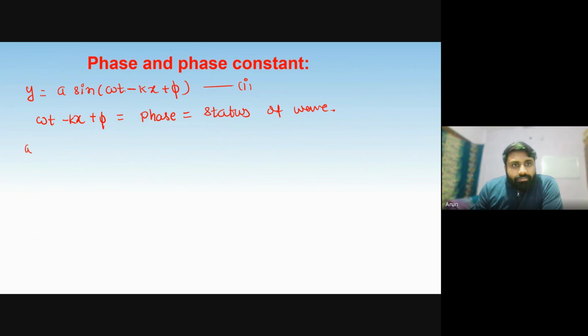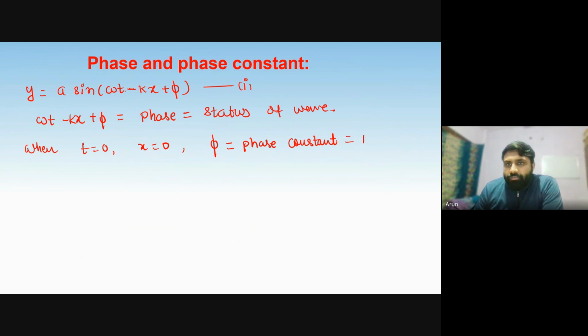When t is equal to 0 and x is equal to 0, at that particular time, what is the value of this phase? It is only phi. This phi will become the phase constant. So when t is equal to 0 and x is equal to 0, the value of phase will become phi.